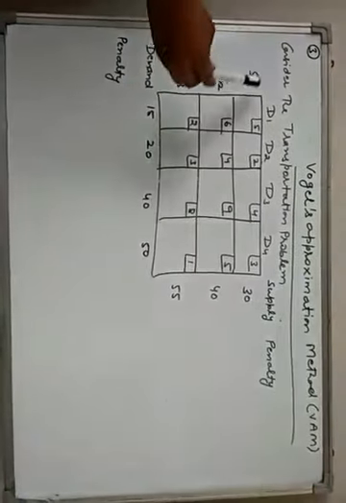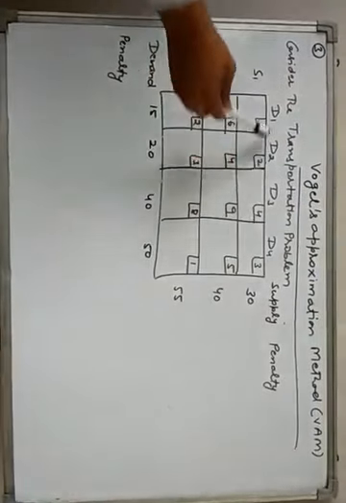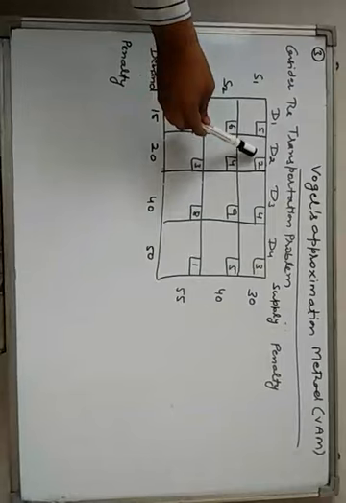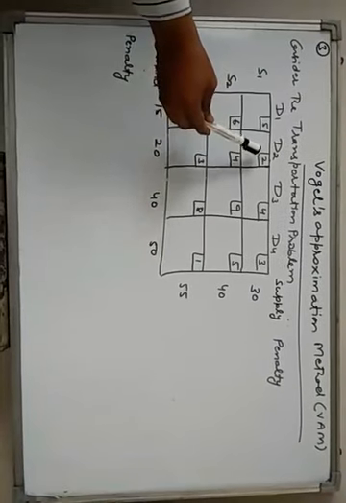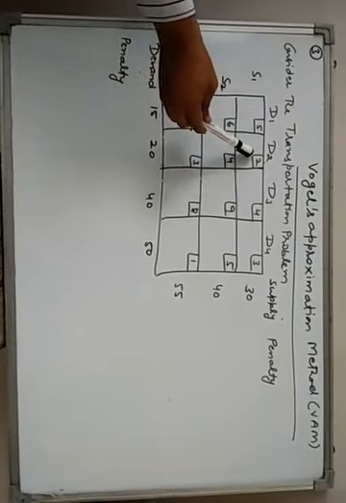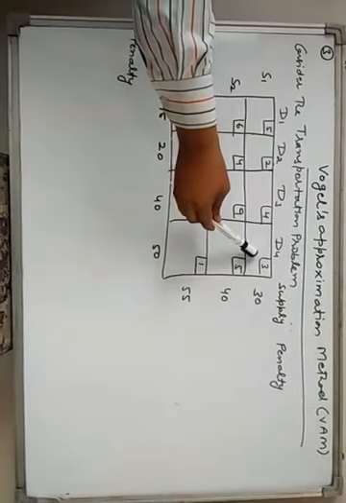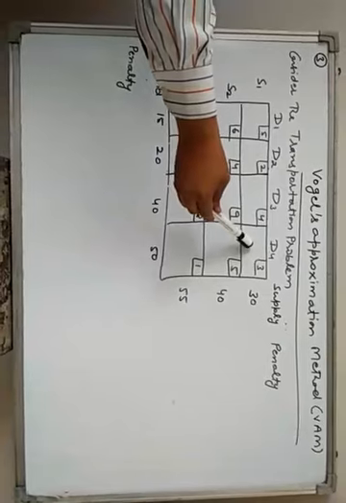I repeat, take the first row, choose its smallest entry and subtract this entry from the entry next higher to the smallest entry.